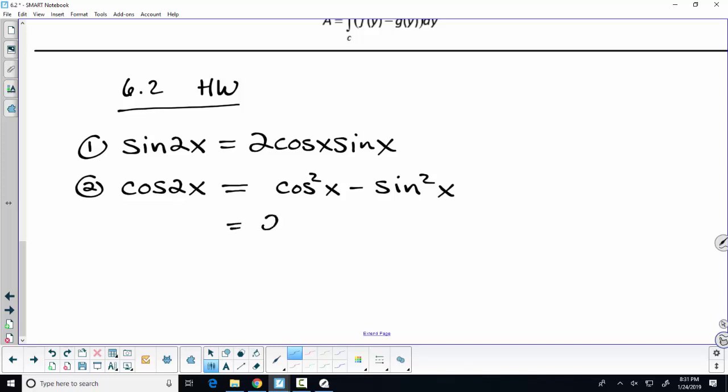So the other is 2 cosine squared x minus 1. That's writing sine squared as 1 minus cosine squared and combining these terms. And then we've got 1 minus 2 sine squared x. That comes from writing cosine squared as 1 minus sine squared and combining like terms.